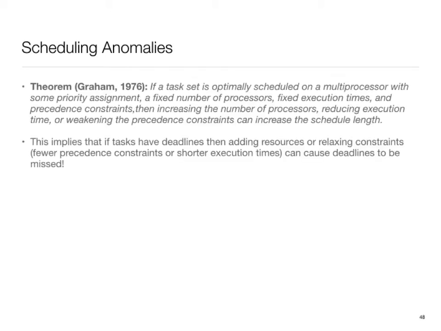And so in the multiprocessor setting, there are a whole bunch of anomalies like these that arise, and essentially the essence of this very old theorem is the following: in a multiprocessor setting, measures you take which you might think are going to improve things, like reducing execution time, like removing dependencies, etc., may actually end up causing an increase in the length of the schedule, that is the response time.